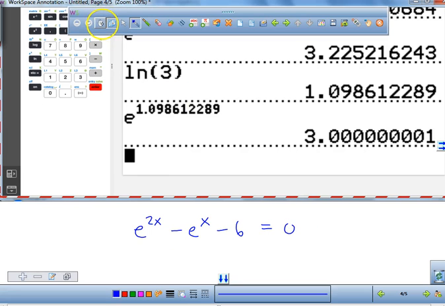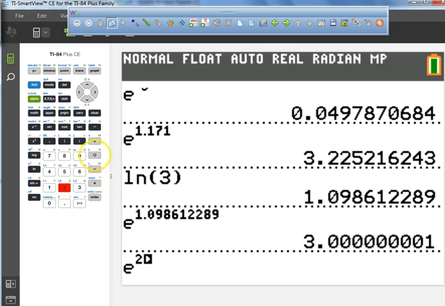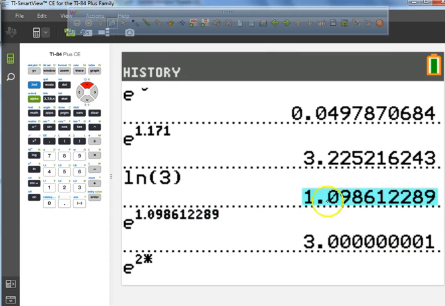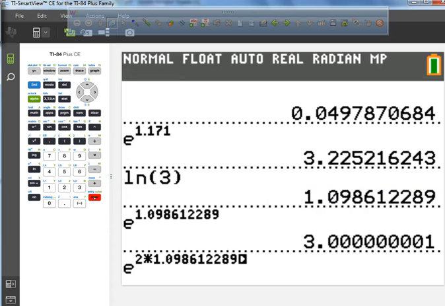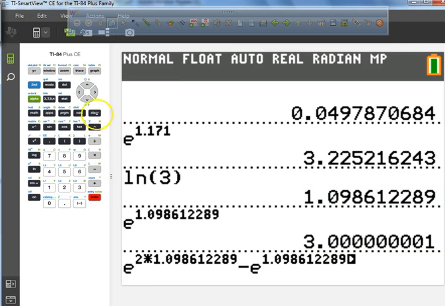0. So if you really wanted to check it, the last thing I'm going to do is that whole process. e raised to the power of 2 times, what did we find x to be? That long number, right? Minus e to the power of the same number, minus 6.